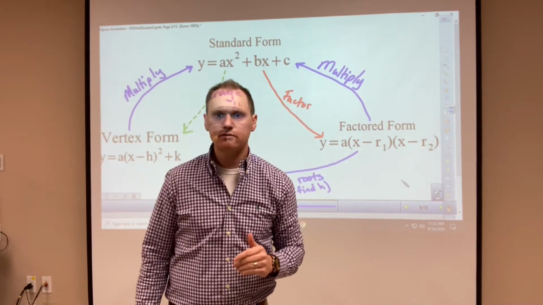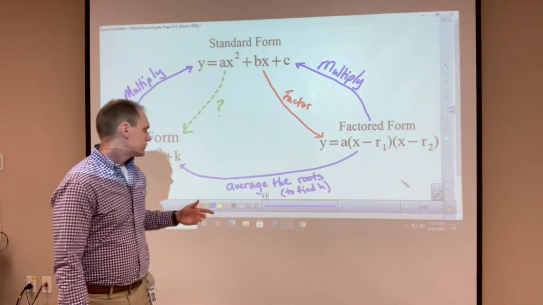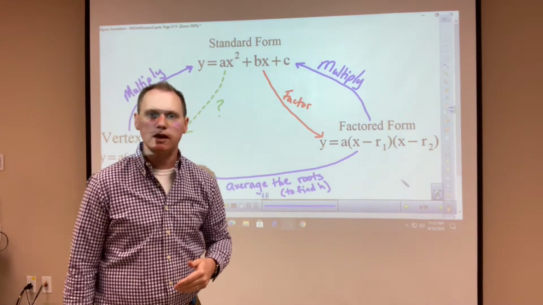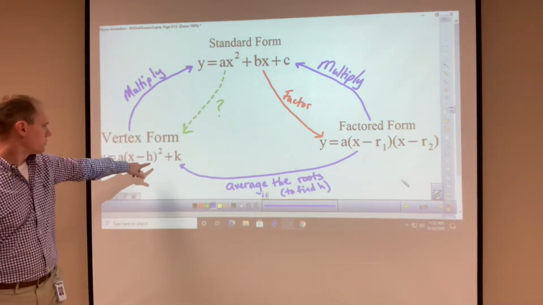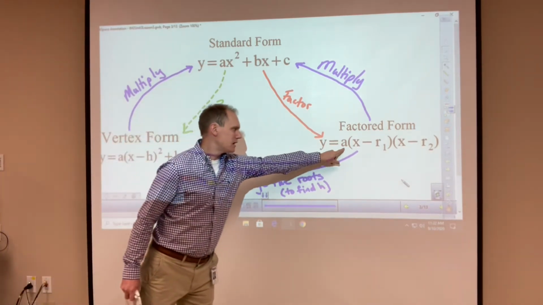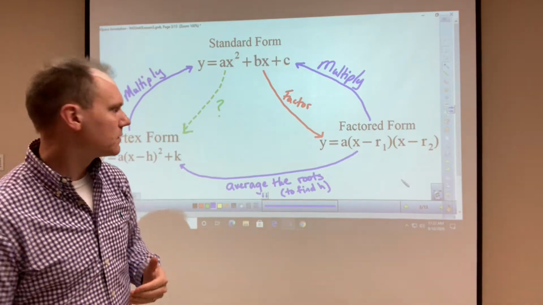That'll give you the axis of symmetry, which is also the x value of the vertex. So that allows you to find h, and then of course from there you can substitute h back in to find the k value, and now you've got vertex form because you've got your h and your k, and of course a is the same as the a over here.